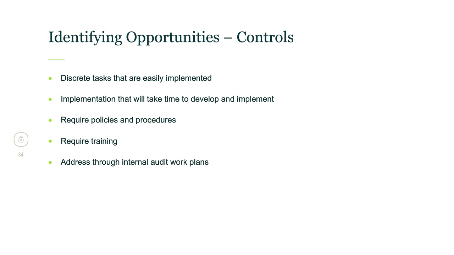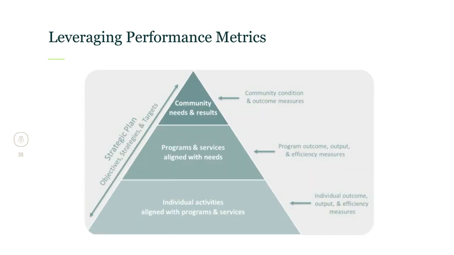And then finally, I'm going to conclude on two more slides. Performance metrics, again, just thinking of this in terms of you've got performance metrics at multiple levels. Ideally, you want to be thinking about outcomes. What are we trying to accomplish as an organization? And then where you're typically going to have performance metrics that really help inform your internal audit program are those in that middle tier, which focus on efficiency and effectiveness.